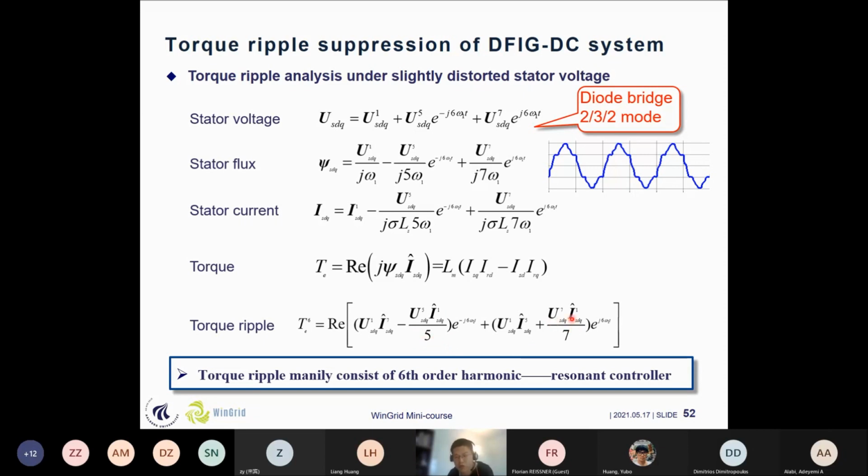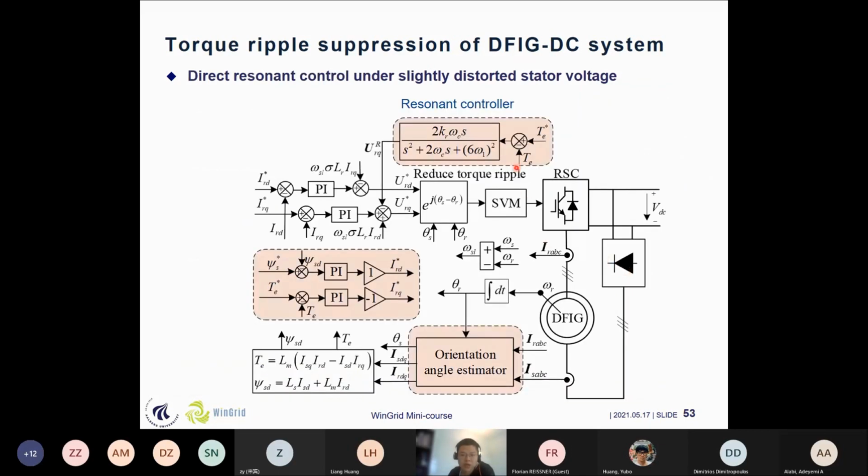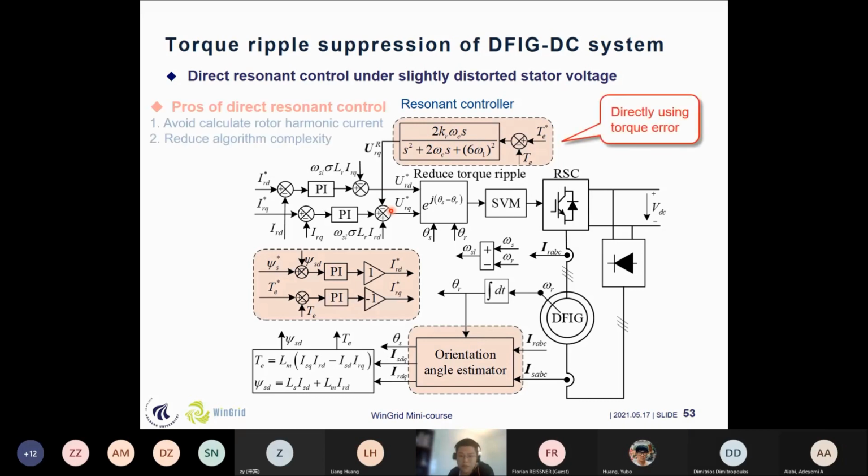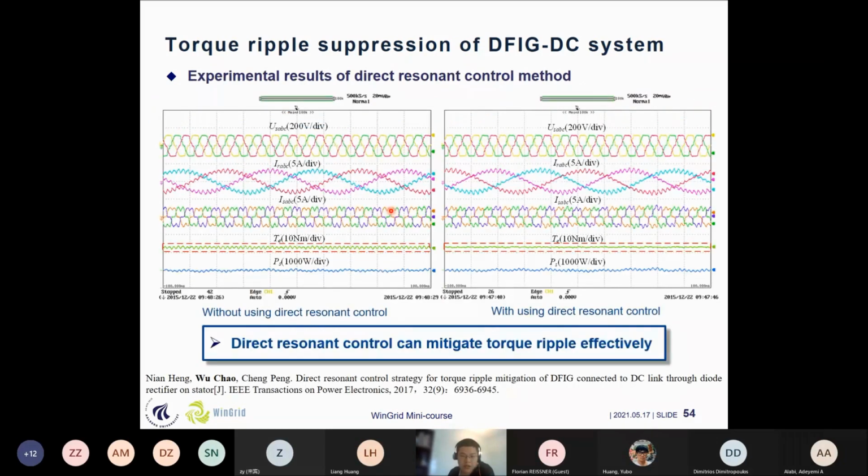So we need to use a resonant controller, which is a very intuitive idea, to suppress this kind of torque harmonic. In the direct resonant control, without other calculation processes to calculate the rotor current command, we just use the torque ripple error directly, apply the resonant controller, and inject it as a feed forward term.